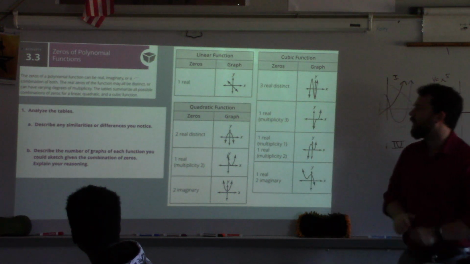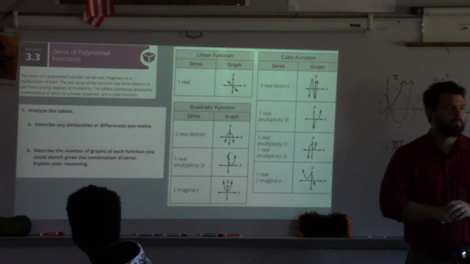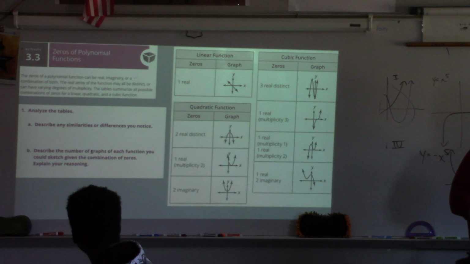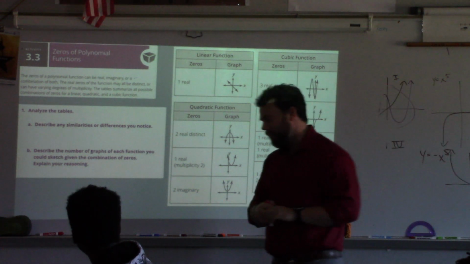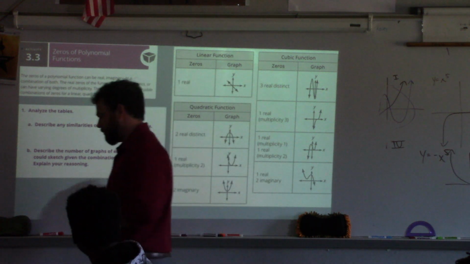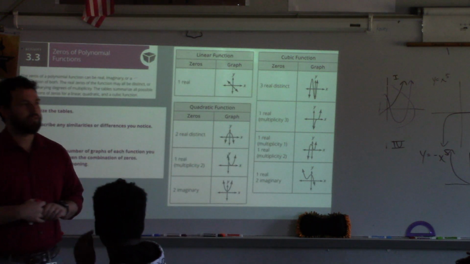So what do we mean by real zeros? How do we know that they're real? What would we call those zeros, or those roots? We could call them x-intercepts, couldn't we?